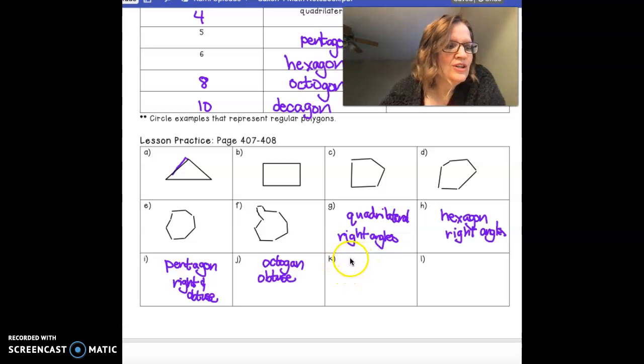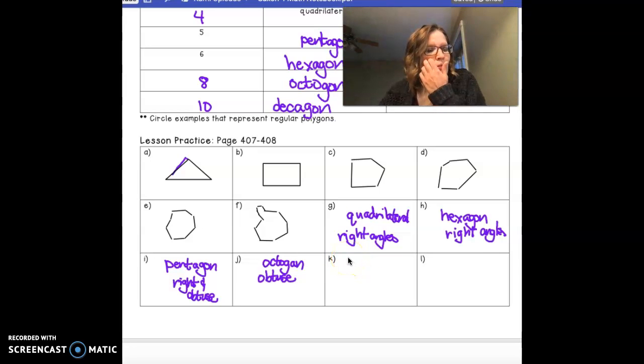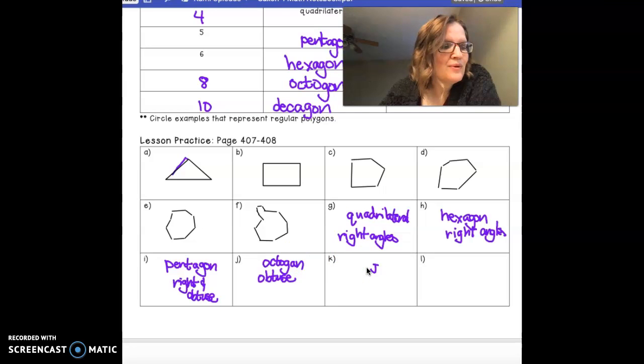For K, they want to know which appear to be regular polygons, and we can tell that that octagon is absolutely stunning. It looks even. That would be J, and our quadrilateral would also be G. So those are stunning.